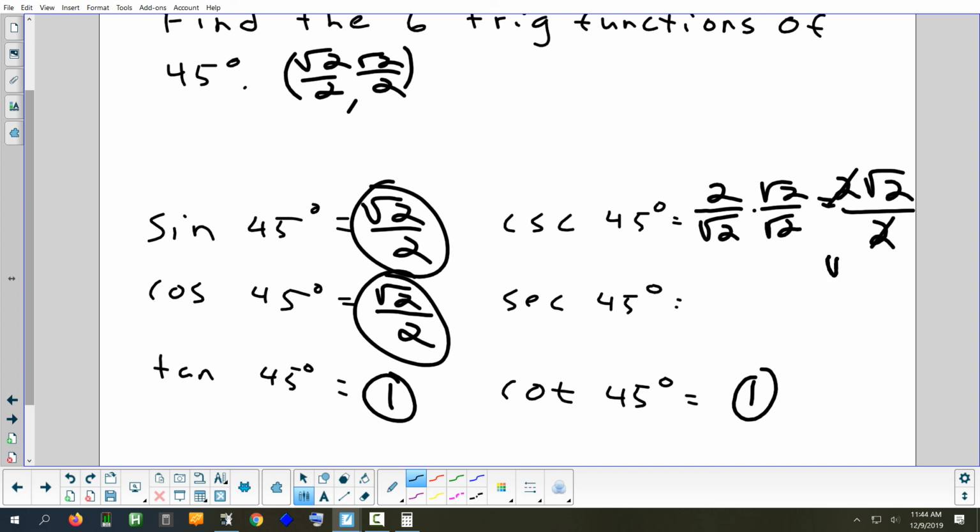So all you're left with is square root of 2, which now should make the secant very quick. What's the secant? Right, the sine and cosine were the same. So the secant and the cosecant are also the same. So that's the 6 trig functions of 45 degrees.